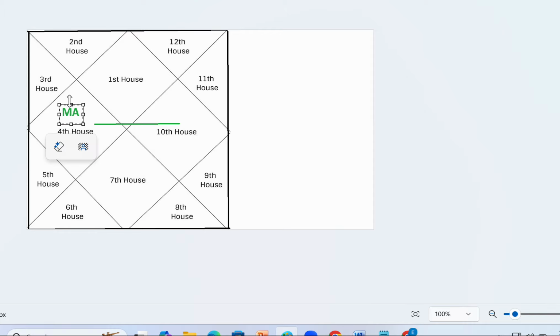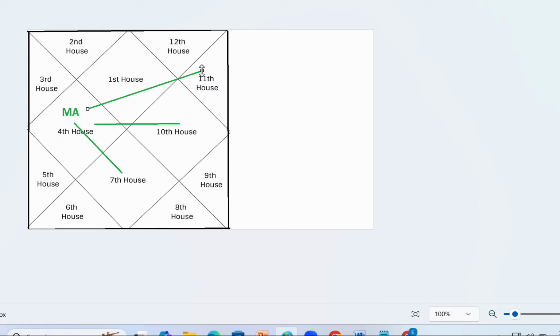And the fourth drishti: from the place where it is sitting, I count 1, 2, 3, 4. It is going to activate the seventh house. And the eighth house from the place where it is sitting: 1, 2, 3, 4, 5, 6, 7, 8. Fair enough? Very simple.